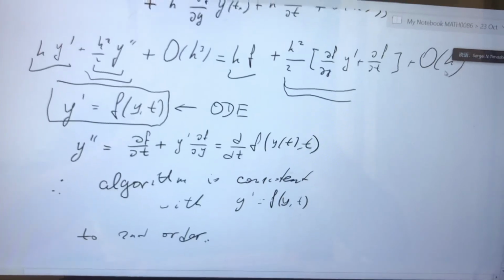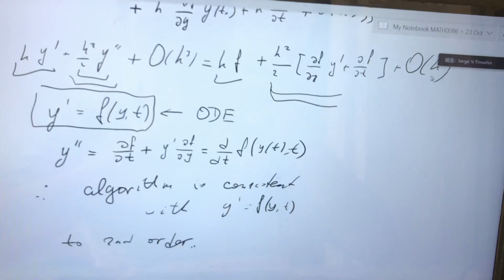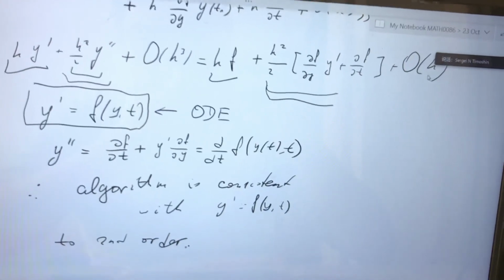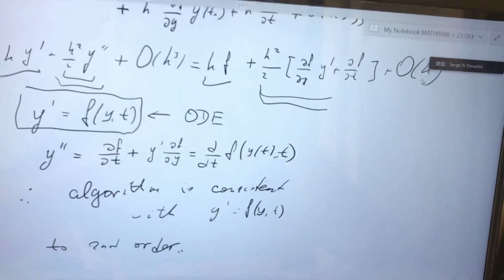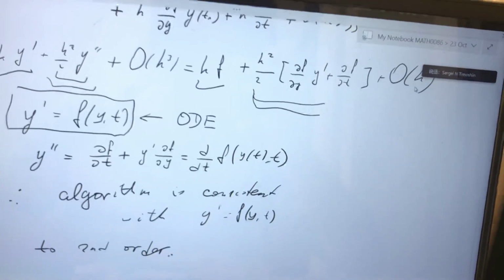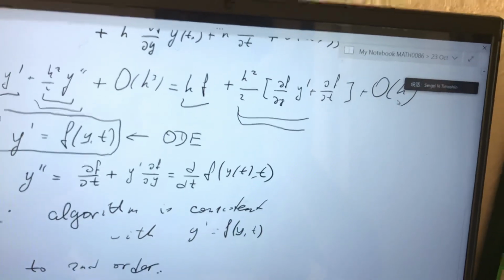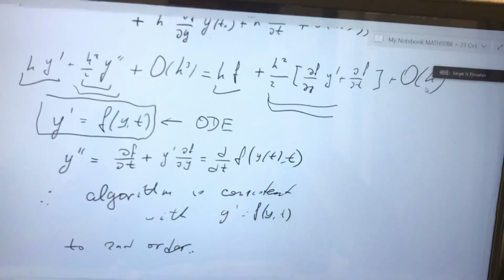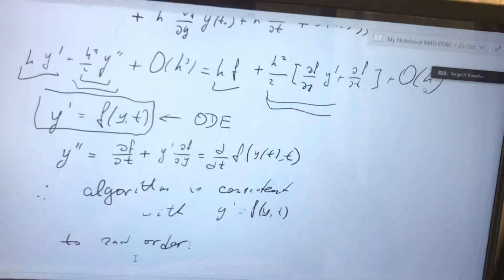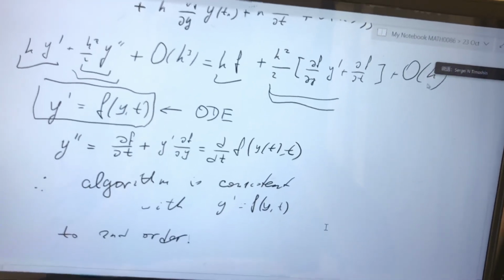Right? Try to appreciate the difference in this verification of consistency as compared to what we were doing from the very beginning when we were deriving forward Euler, backward Euler, starting from the differential equation, its exact solution, then expanding the exact solution in a Taylor series, and then deriving the finite difference algorithm.